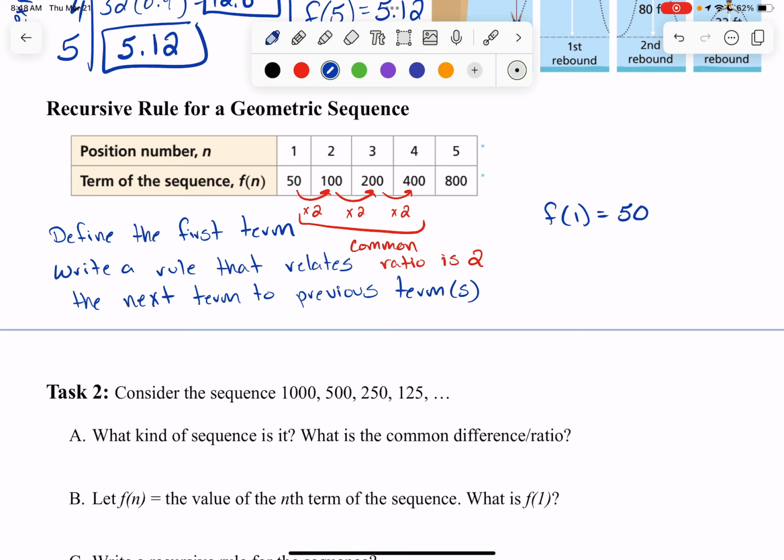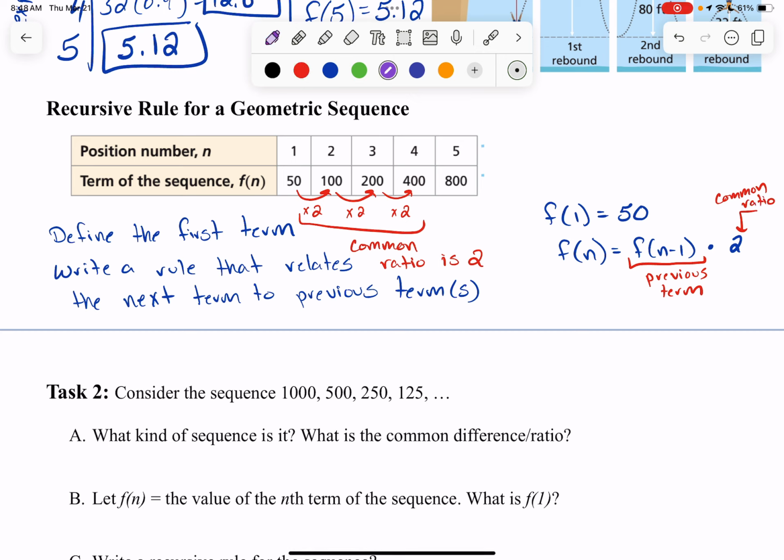But if my first term is 50, then to get to my next term, f of n, I take my previous term, f of n minus 1. Again, this is just my way of writing the previous term. And now instead of adding, we're going to multiply by the common ratio of 2. So this 2 here is that common ratio.